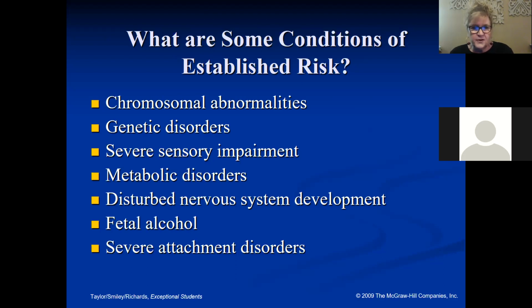Genetic disorders, which we've also talked about in recent weeks. Severe sensory impairment, that would be deafness or blindness or variations leading up to total deafness or blindness. Metabolic disorders, disturbed nervous system development, fetal alcohol syndrome, and severe attachment disorders.